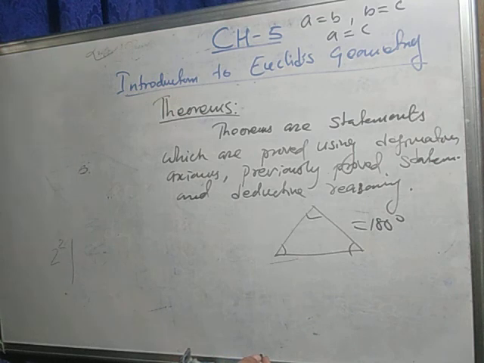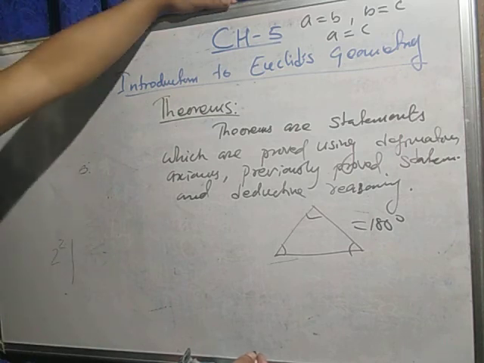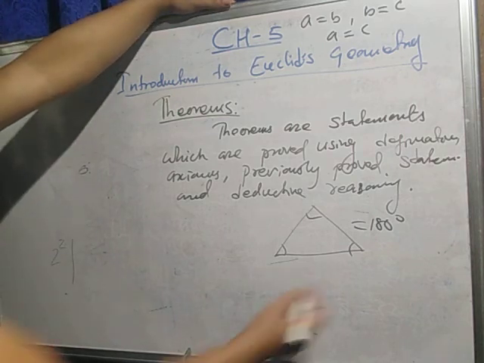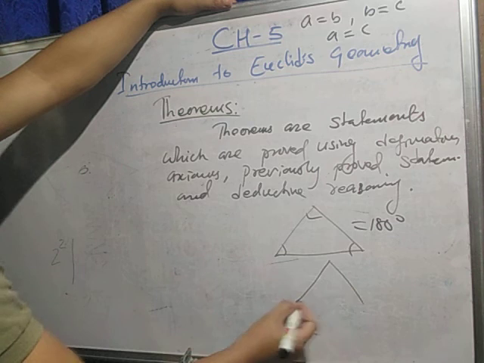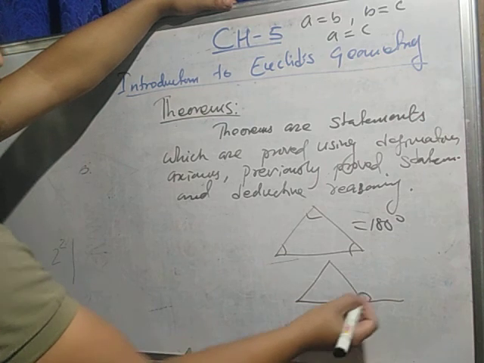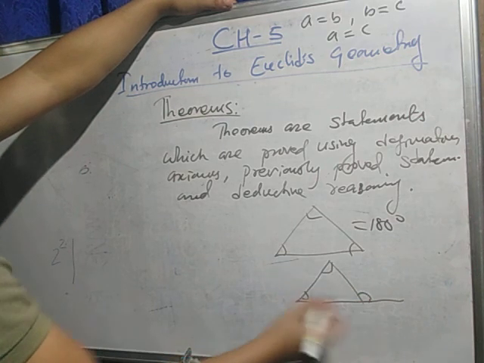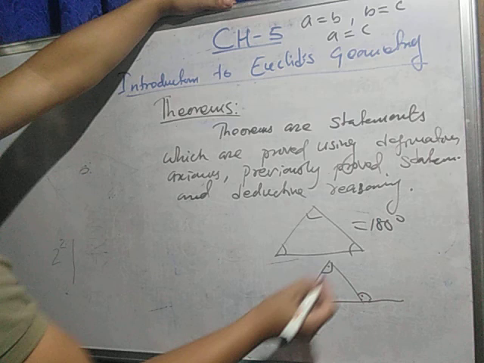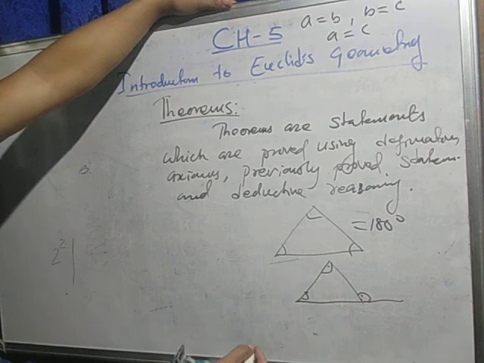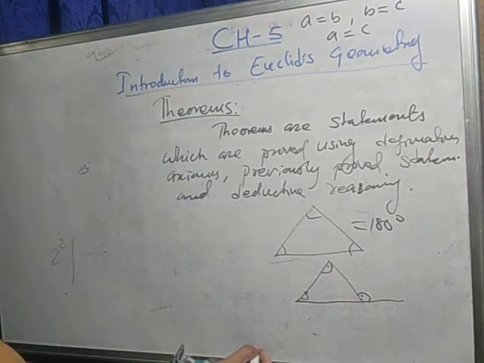And the next theorem is the external angle theorem. This angle is always equal to the sum of these two angles, okay. In the coming classes we'll do this one.